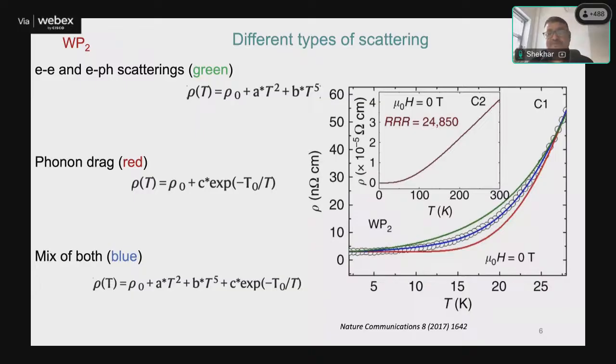So WTe2 is governed by electron-phonon interaction, and also follows this phonon drag phenomenon. By seeing this temperature dependent resistivity behavior, we can fit our formulas and say what type of mechanism is happening inside the material.